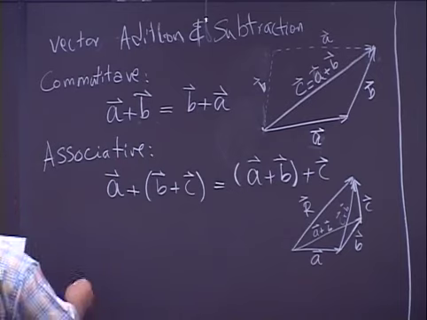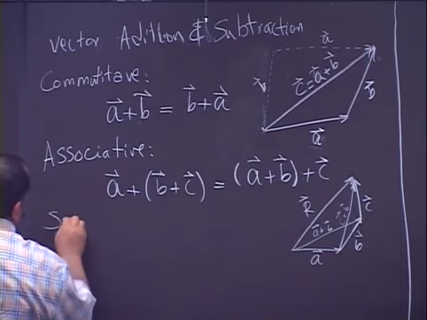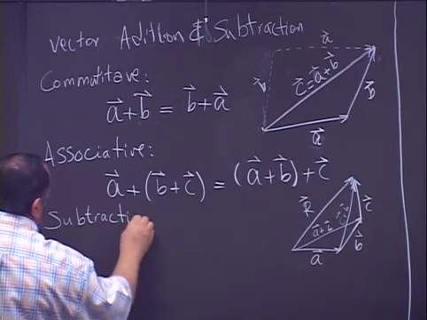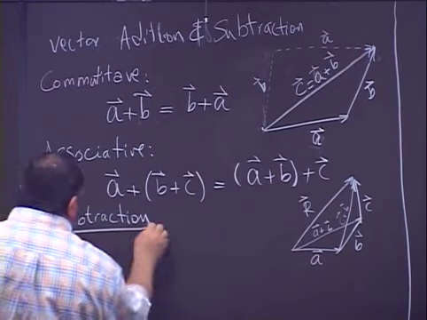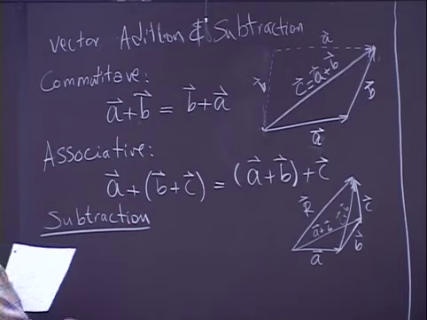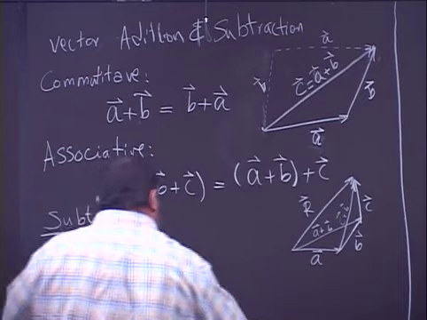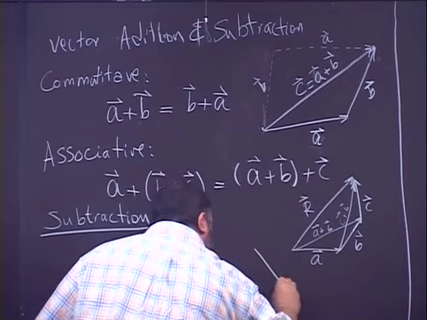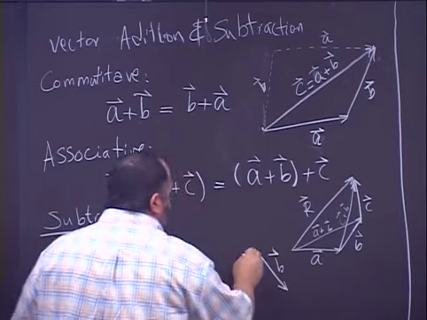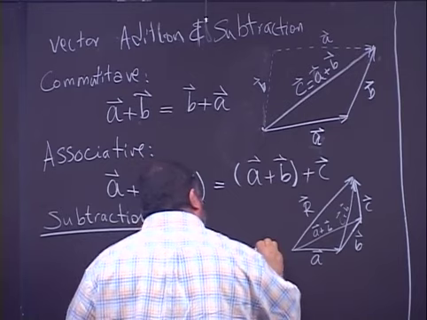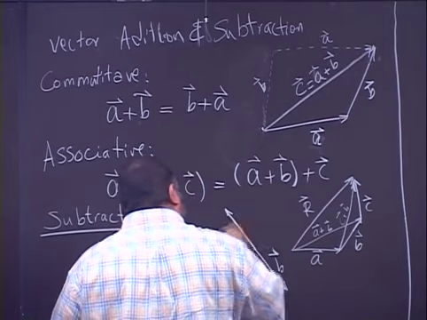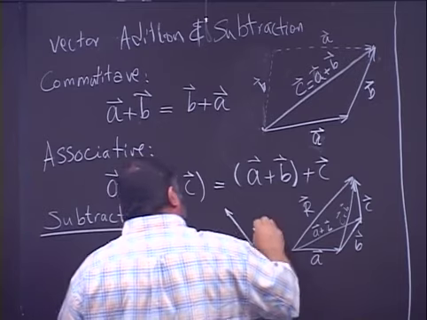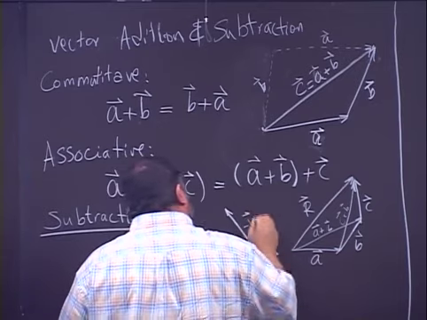So let's look at the subtraction. If we have a vector B like this, negative B will be the same magnitude as vector B, but in the opposite direction, so 180 degrees.